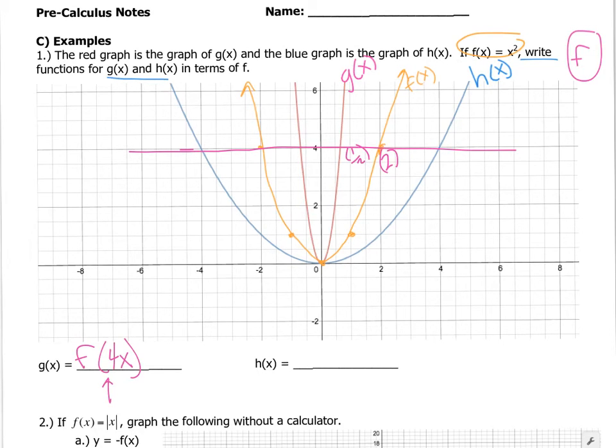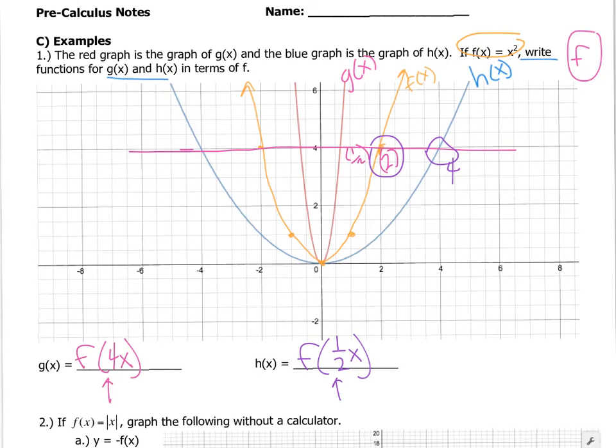If I look at h of x, again from that y value of 4, I look over here. That x value has changed from 2 to 4. So I have stretched by a factor of 2. So h of x is equal to f of 1/2 x.